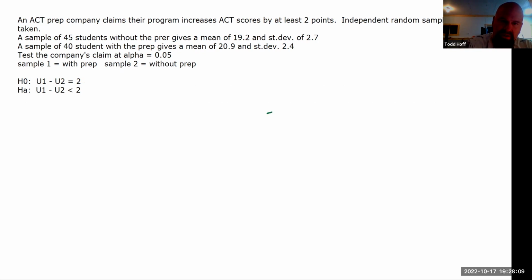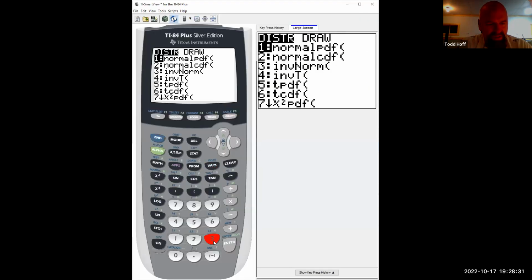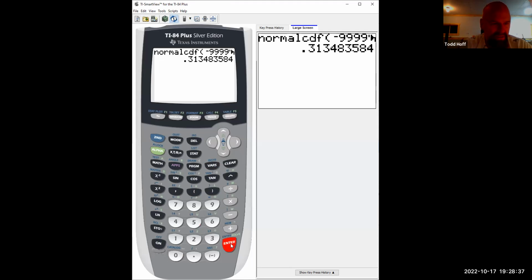So our curve here, since the alternative is less than, it's going to be a lower tail, alpha of 0.05. So if we look that up, we're going to get a negative 1.645, I believe. Let me go check this out on the calculator. Second distribution, inverse normal, 0.05, mean of 0, standard deviation of 1.